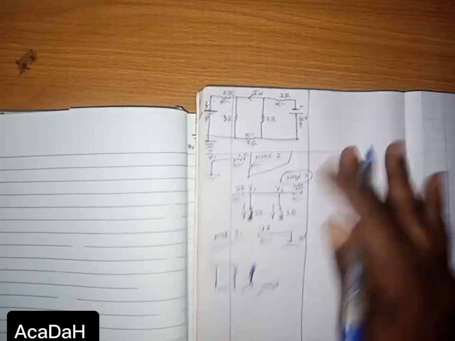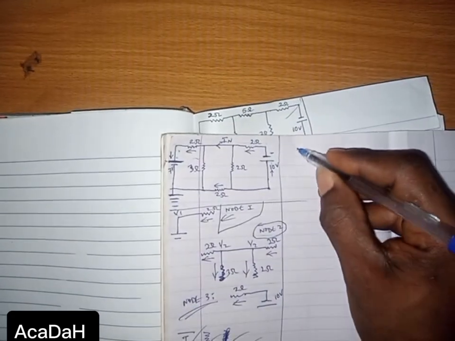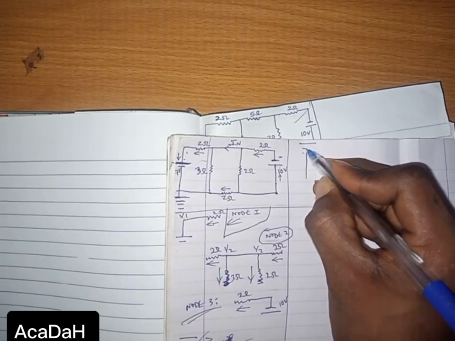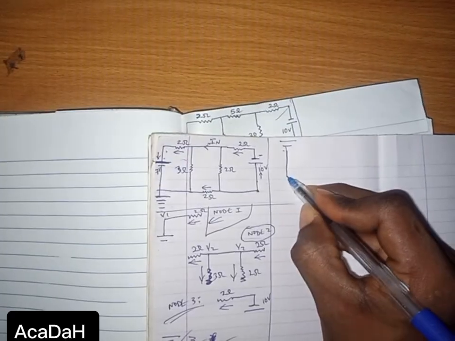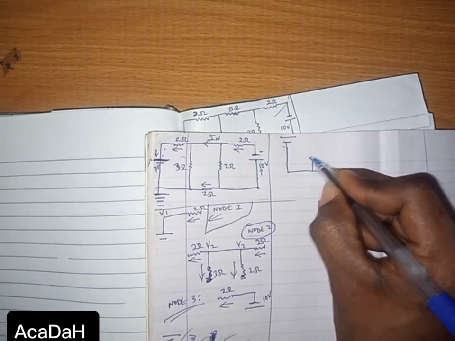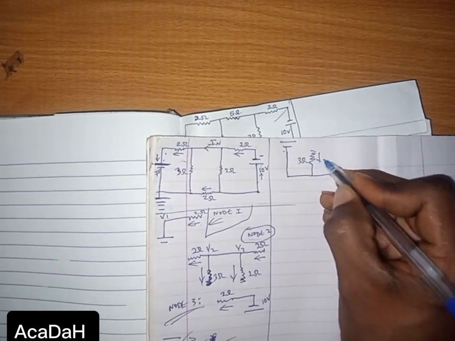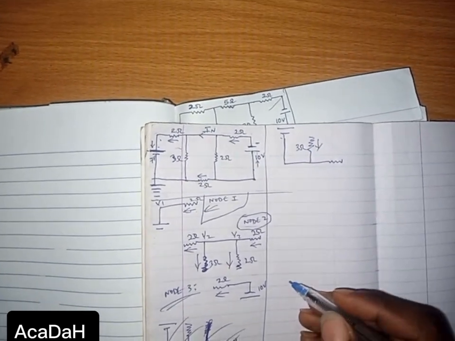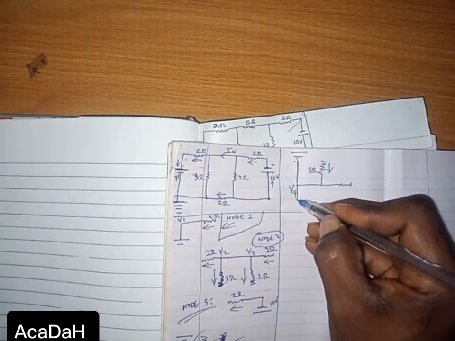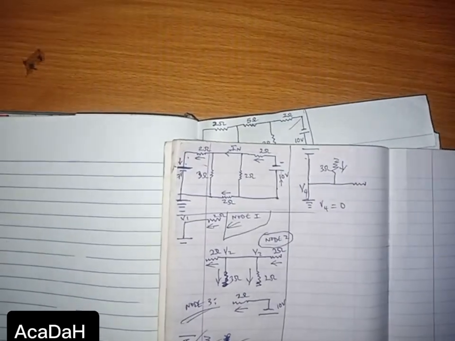Let me redraw node 4. Node 4 is actually starting here from the voltage to this resistor. Then in between you have the 3 ohm resistor which is moving down, and call this V4. Notice that it's on the ground. So V4 here is equal to 0.